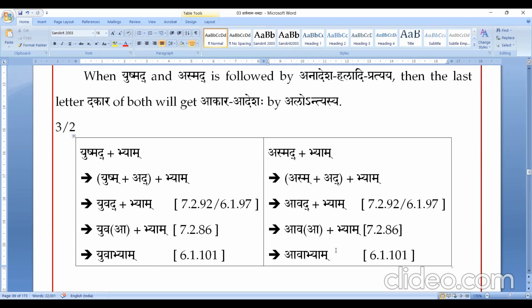Same way 4-2, 5-2 also, even 3-3 also. Okay. Is it clear? Yes, yes. Therefore, in Yushmadasmadoho anadeshe, we need to understand it is aladi vibhakti pratyaya pare. Okay.